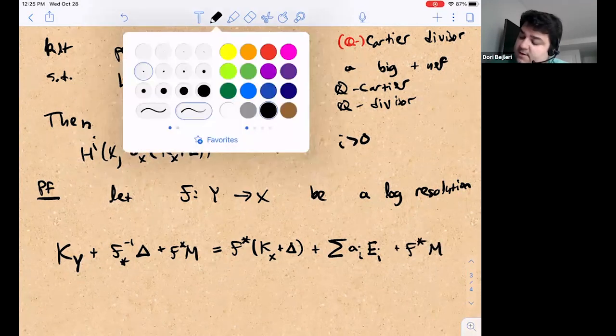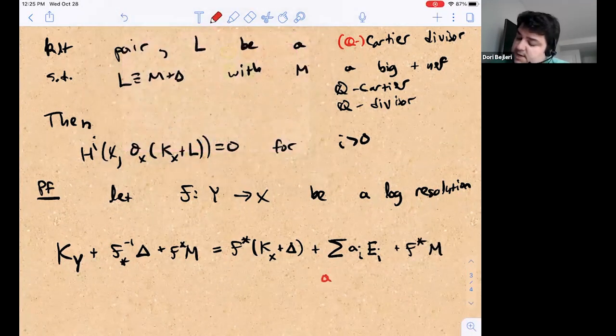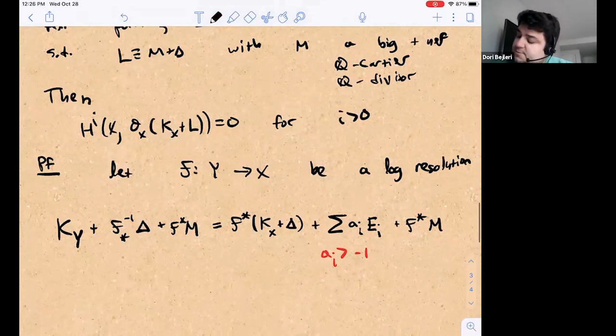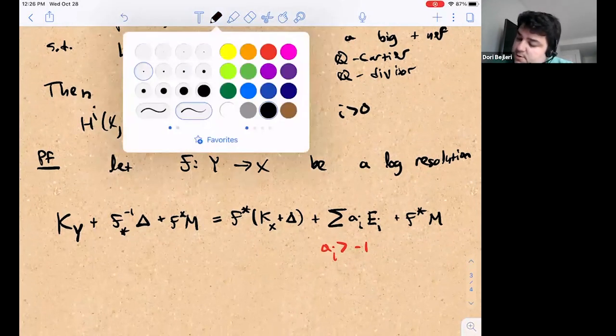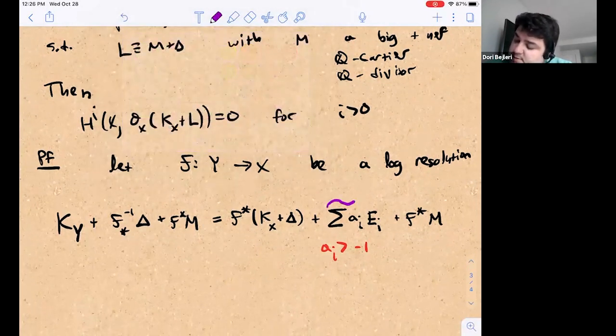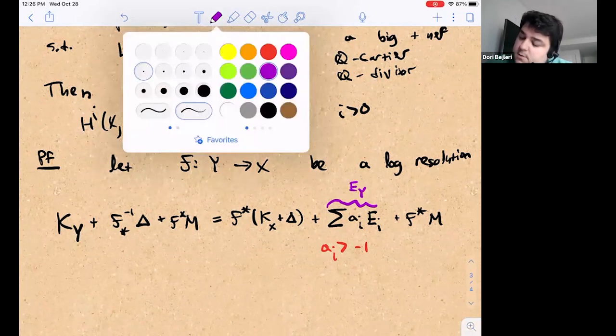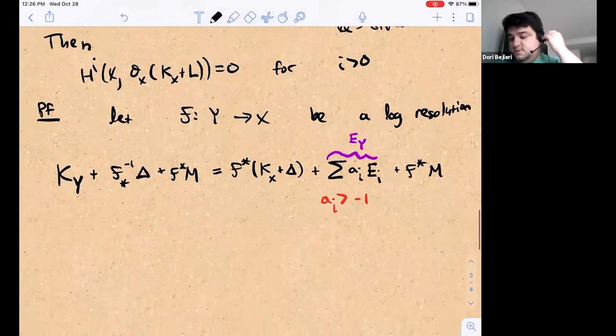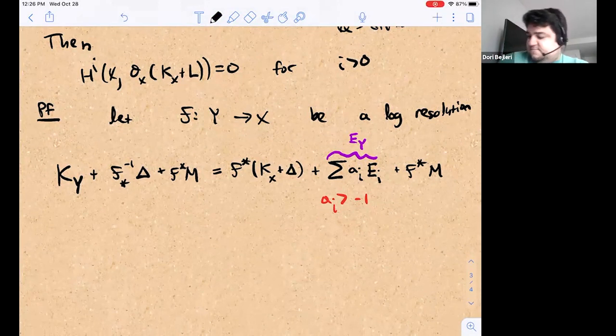And now by our KLT condition, what do we know? We know that these a_i are strictly bigger than -1. That was our KLT condition. So let me call this whole divisor E_Y. Now we want to finagle this around.